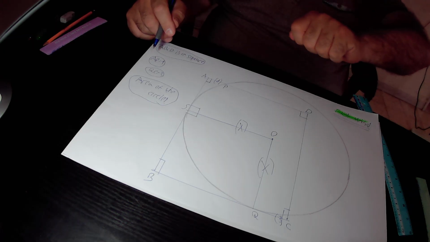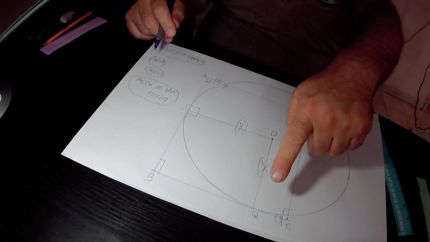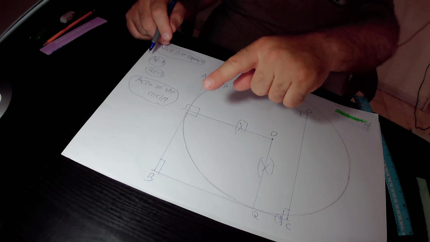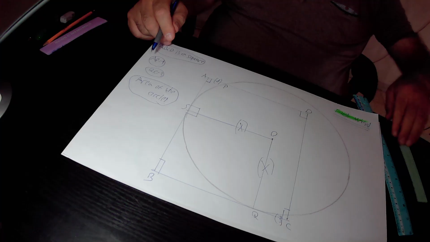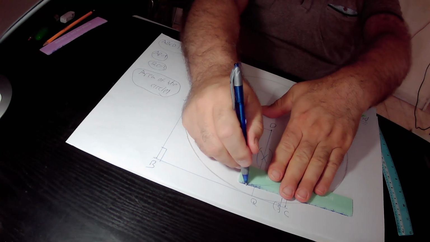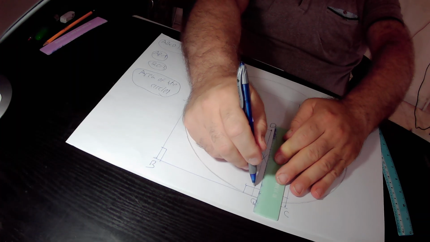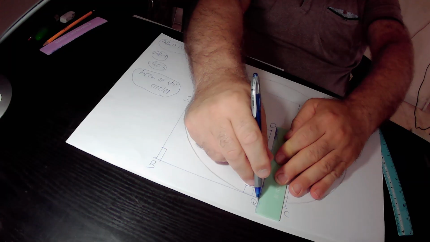Whenever you have a radius drawn to the point of tangency, then tangent BC will be perpendicular to the radius QO. If BC is perpendicular to QO, it means that this angle equals 90 degrees, and this angle also equals 90 degrees according to the same rule 1.